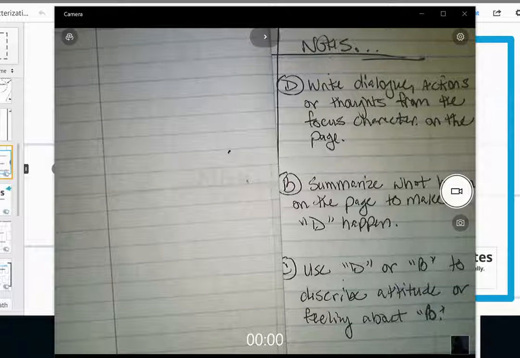When we're talking about characterization, we're talking about the ways in which authors try to convey to readers who a character is fundamentally. Just like in real life, characters are reflections of everyday people, of you, of myself.